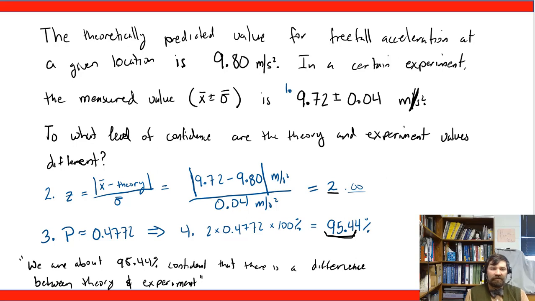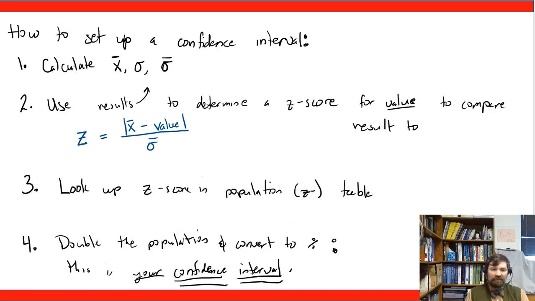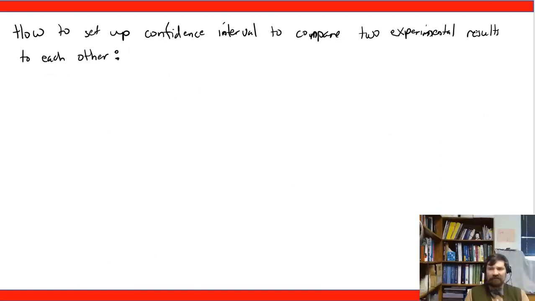Okay, last little thing before we close, which is coming back to this slide. This is assuming that what I want to do is compare the theory to the result of an experiment. I can also compare the results of 2 experiments.